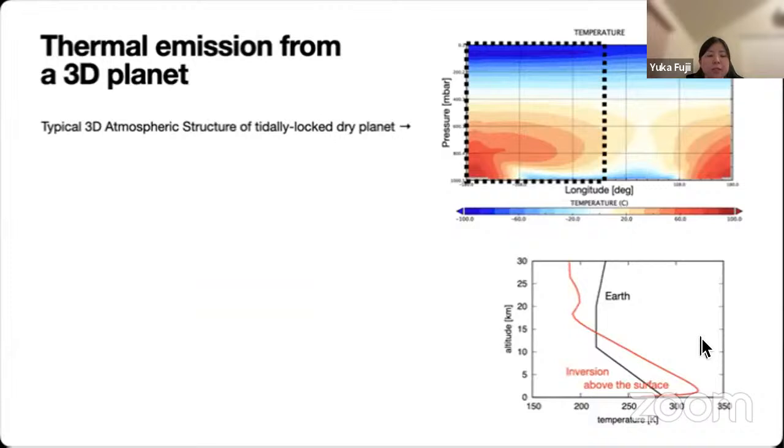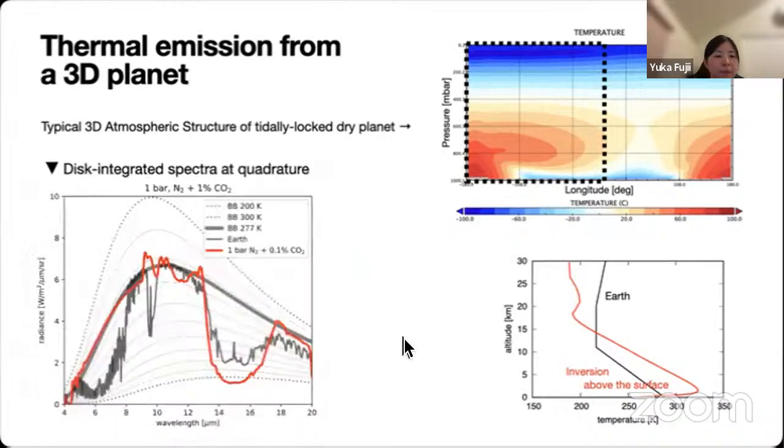If we calculate the thermal emission from this structure while we look at the planet at the quadrature, the red line is such a thermal emission. This feature comes from CO2, but some weird feature appears around here.